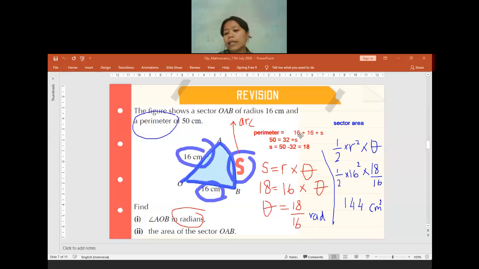So the perimeter is 16 plus 16 plus S. 16 plus 16 is 32, so S will be 50 minus 32, which is 18. S is the arc length. Remember the arc length?